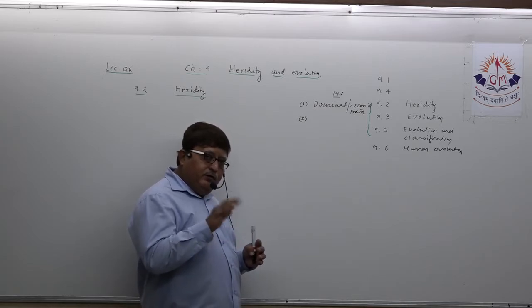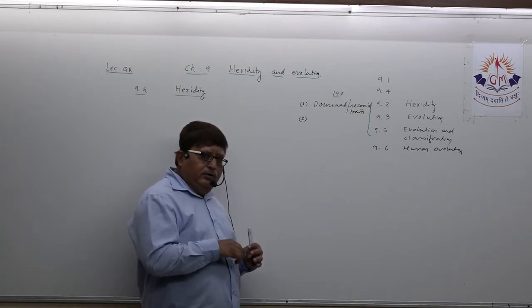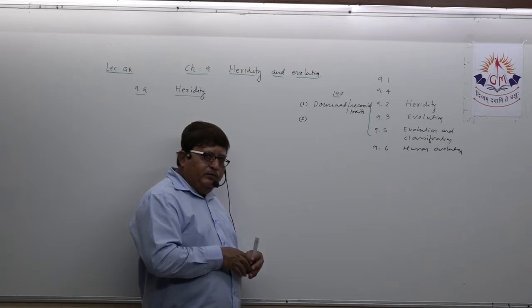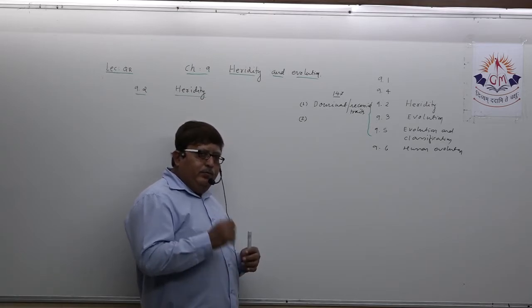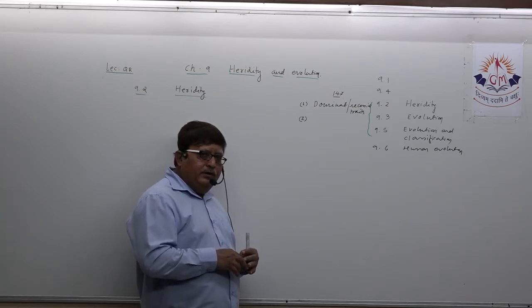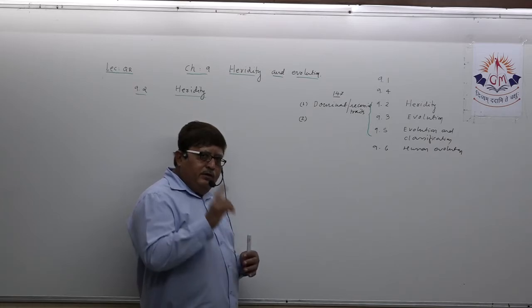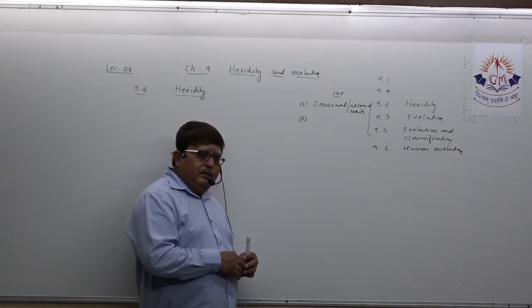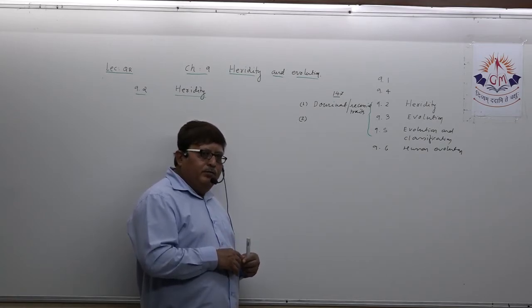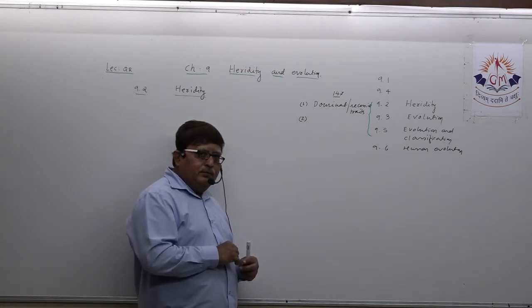This was Mendel's first conclusion in the law of inheritance, that it happens that when two different parents participate in the process of reproduction, the progeny will have dominance of character of only one parent. There you will not see the mix up of the character of both the parents in first generation. That he proved by one experiment which he performed, understand, on Pisum sativum, that is garden pea. Understand?